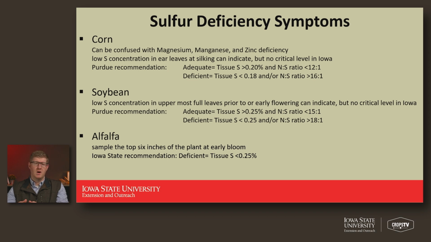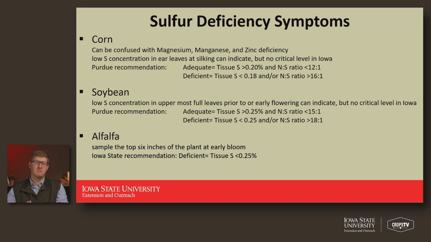If you are worried about sulfur deficiency in corn, you're going to want to test it using tissue testing. Soil testing is not going to give you any useful information in terms of sulfur, so the only way to really diagnose sulfur deficiency is through tissue testing.